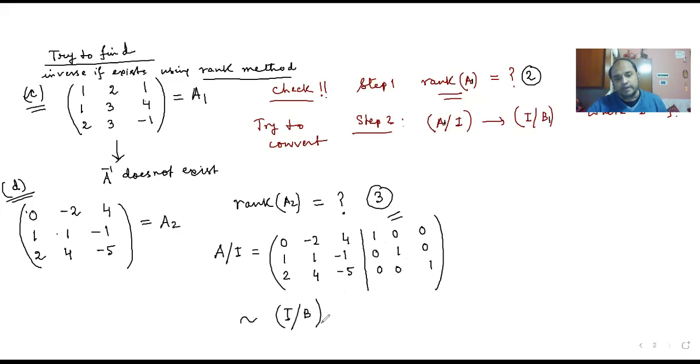So you are supposed to find [I | B] from here. I am waiting for your reply. You try to perform row operations on the given matrix. Only keep in mind that you are supposed to apply only row operations and not column operations.